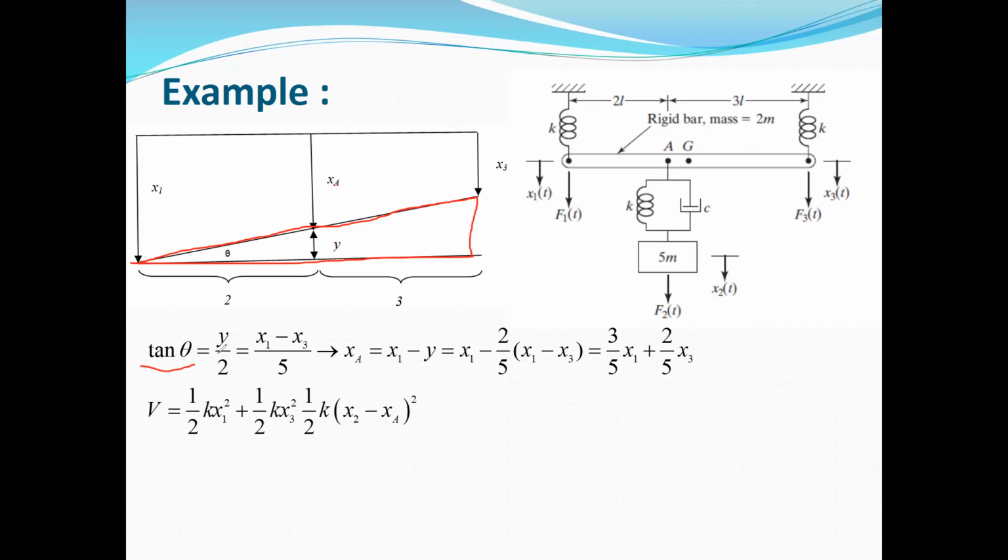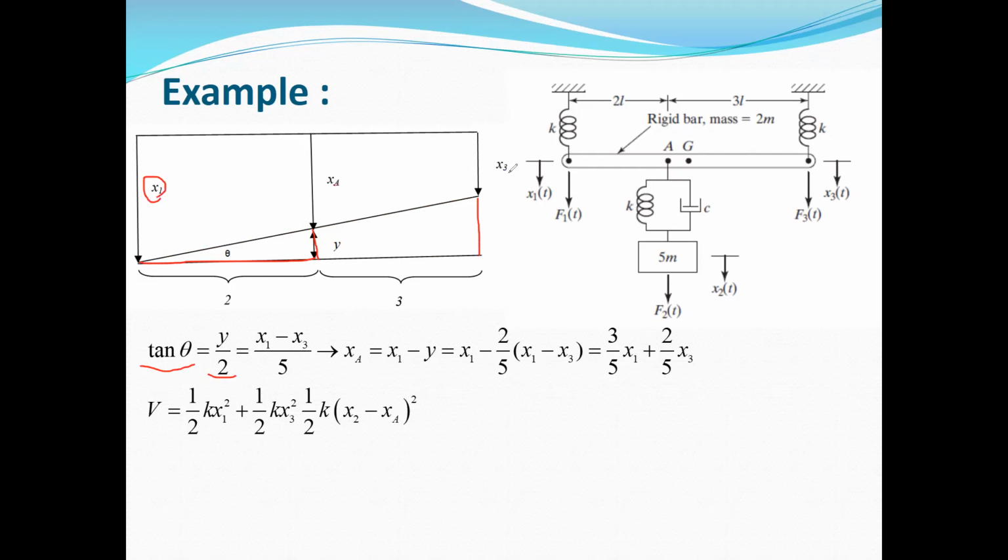You can write the tangent theta in these two triangles. In the first one, tangent theta is equal to this length, which is y, divided by this length, which is 2. And also in the big triangle, this length, which is x1 minus x3, because the total length is considered here, x1.